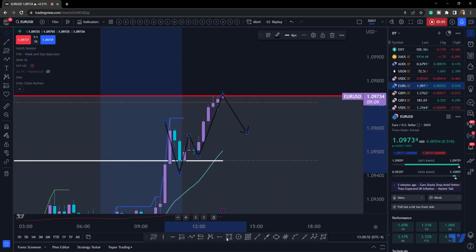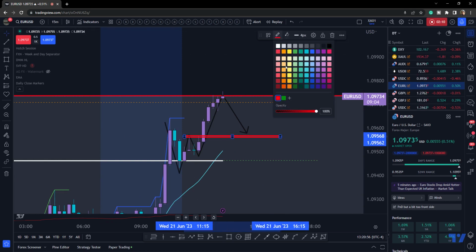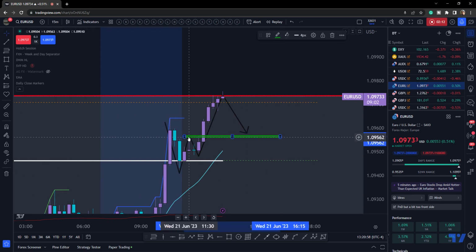On that W formation, there's the neckline. That could be a meanwhile target area, all the way into that candle there as well.